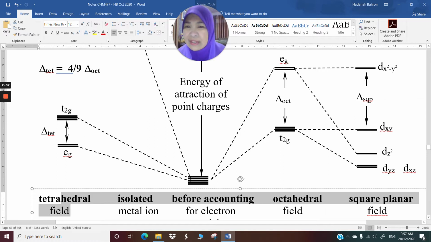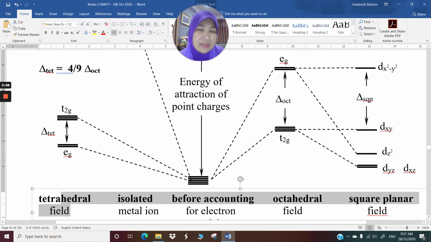They will be repelling those orbitals more than the EG. So the T2G is at the top, EG is at the bottom, and the magnitude of delta tet is always lower than your delta octahedral, because delta tetrahedral is produced through repulsion of 4 ligands, whereas delta octahedral is produced through repulsion of 6 ligands.